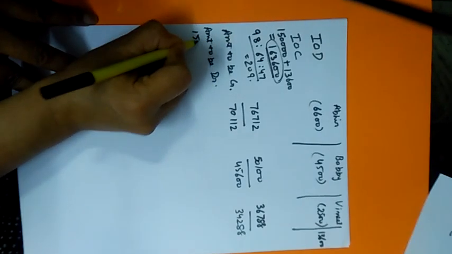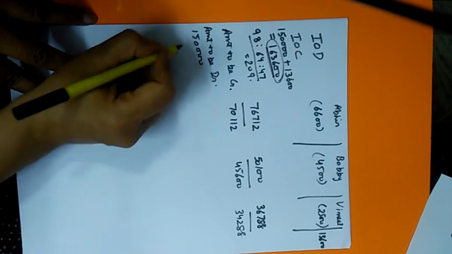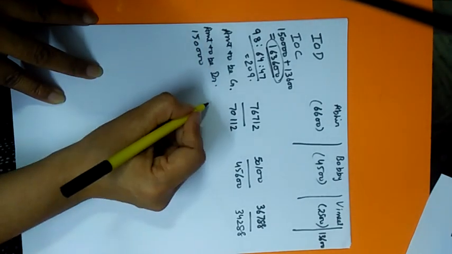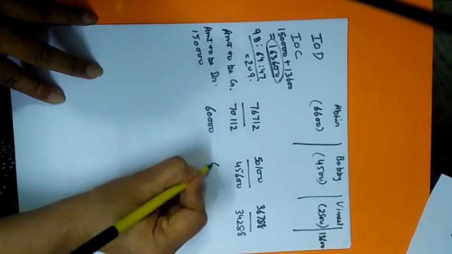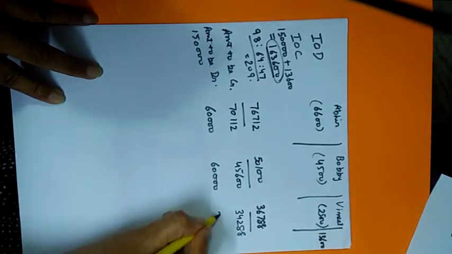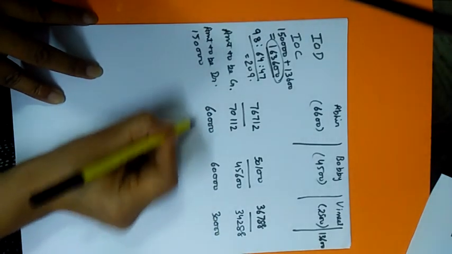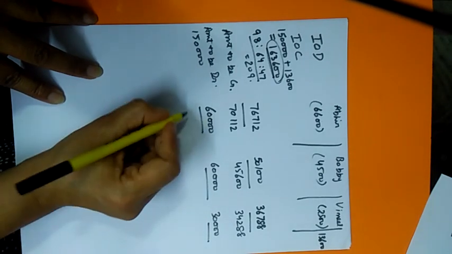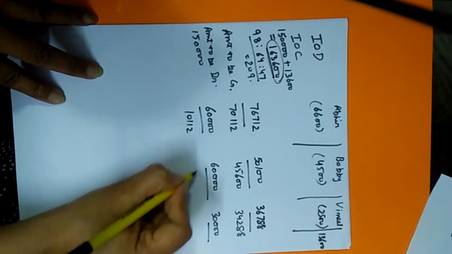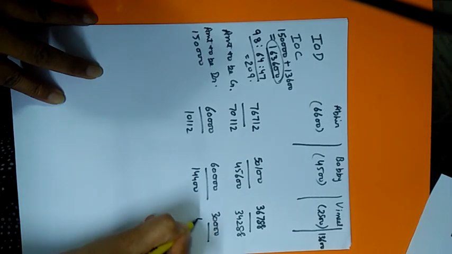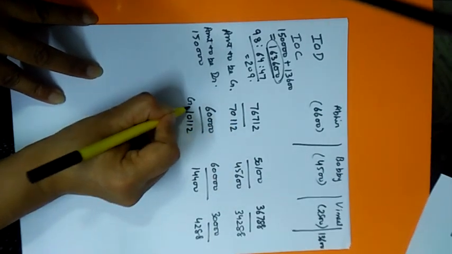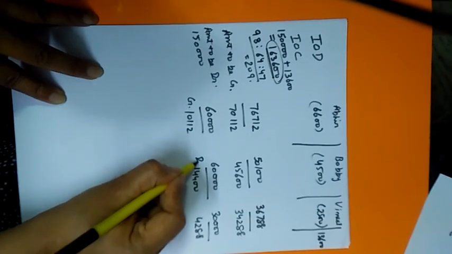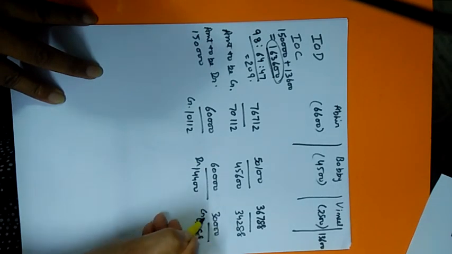Now amount to be debited. Since 1,50,000 was distributed in their profit sharing ratio without taking into account all these things, that will be debited: 60,000, 60,000 and 30,000. The differences are 10,112, 14,400 and 4,288. Here the credit amount is bigger, so we will write credit. Here debit is bigger. Here again credit amount is bigger.